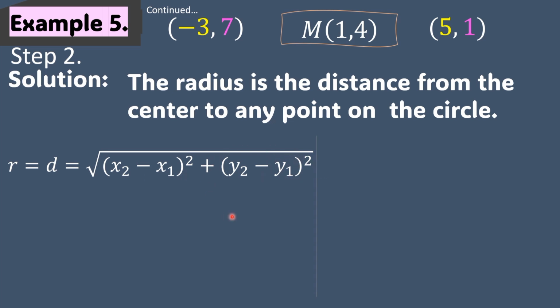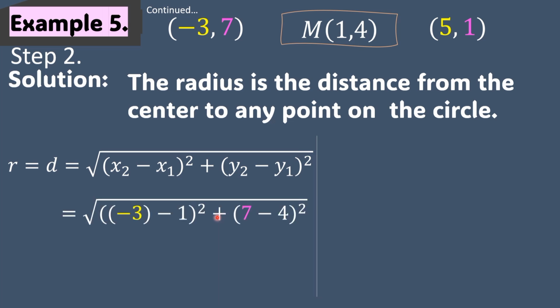Substituting the given, using the first endpoint and M, or the midpoint, that is equal to the square root of (−3 − 1)² + (7 − 4)², which is equal to 5 units.